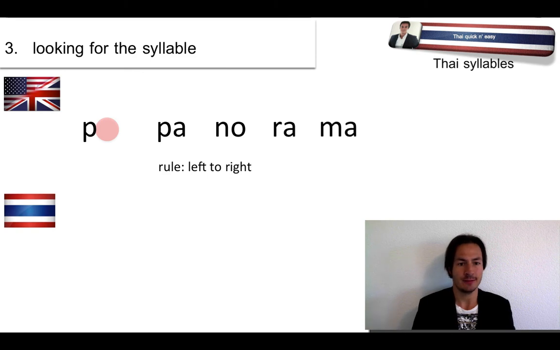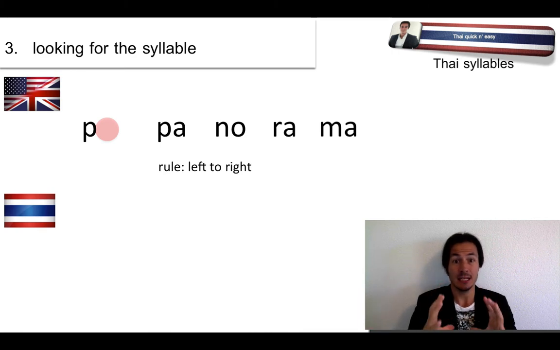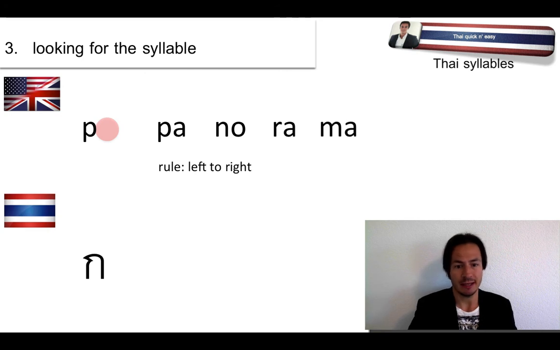All right. So the rule here is, in English, as you of course know, we read from left to right. In Thai, in contrast, what we do is we look for the syllable, and this is just a different approach of language. So we have a consonant and we then look for the respective vowel belonging to this consonant.